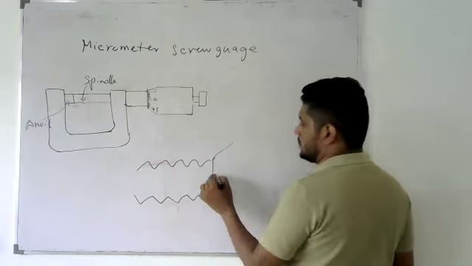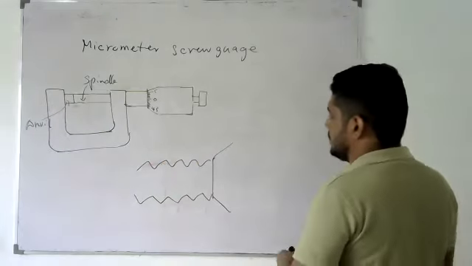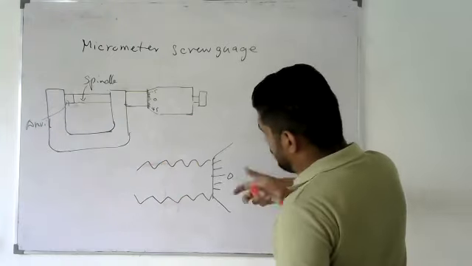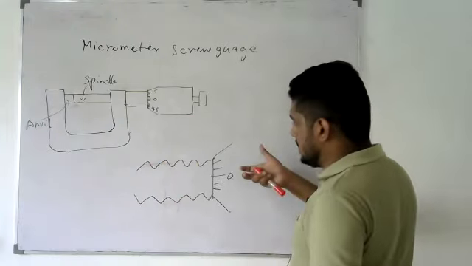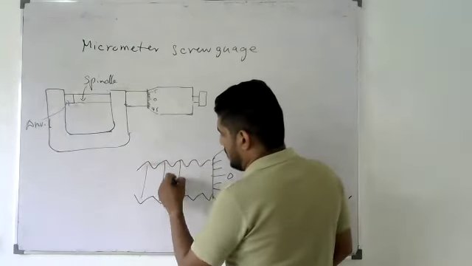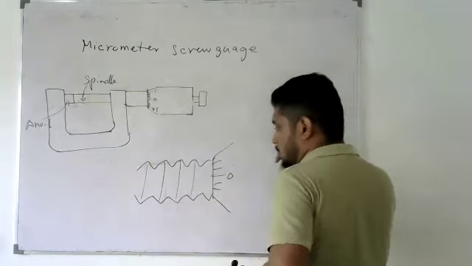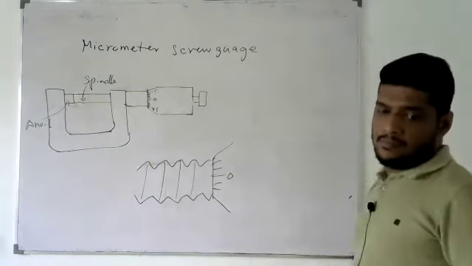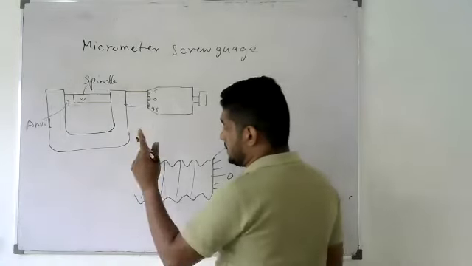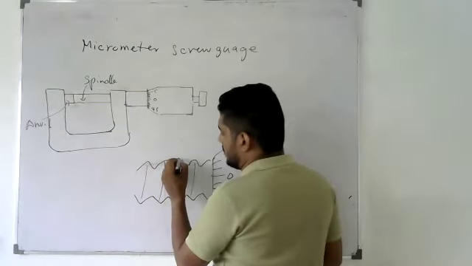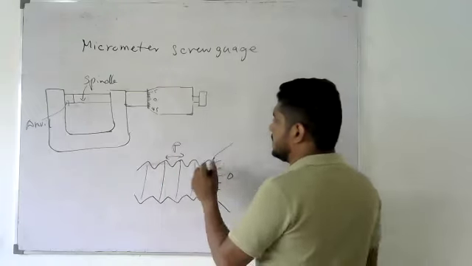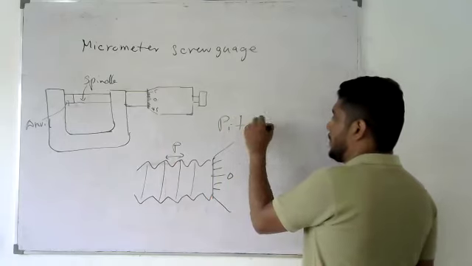Now, our rotating scale has been raised for this. So when you rotate this, it will move back and forth, right? The least count is based on the distance between two threads, which is called the pitch.